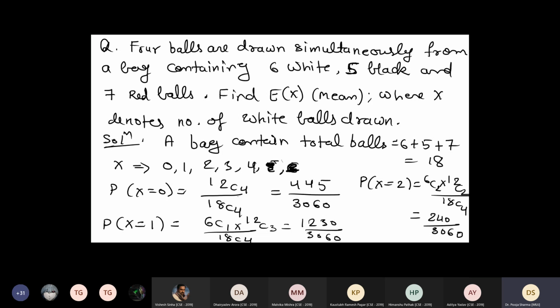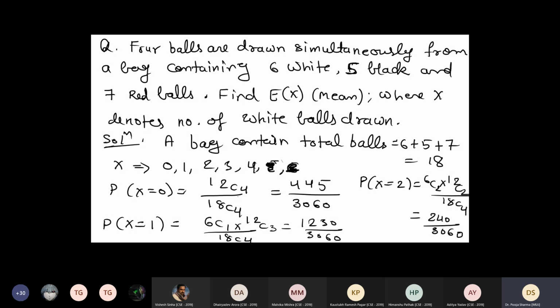I repeat, 6 white, 5 black and 7 red balls. Find the expectation of x, or we can say the mean also, where x denotes the number of white balls drawn.